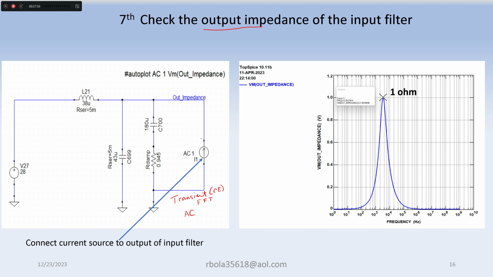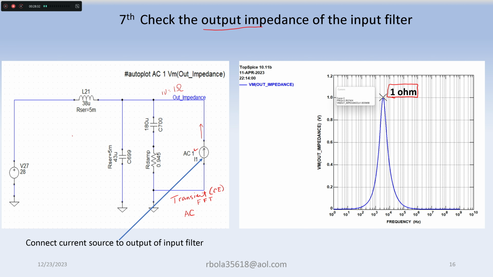So if you put 1 amp here and you have, let's say, 1 ohm, you should have 1 volt, which means that it's 1 ohm. Okay, so it's a 1-to-1 ratio if you make this 1 amp. So we run a simulation and the results show that the output impedance is approximately 1 ohm.